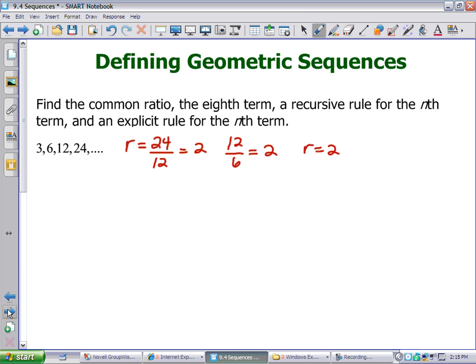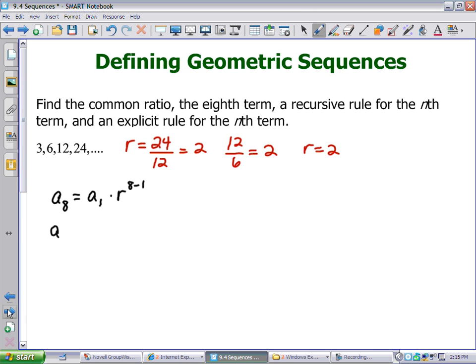All right, so now we need to find the 8th term. If I look at the 8th term, I have a sub 8 is equal to my first term times my common ratio raised to the power of 8 minus 1.